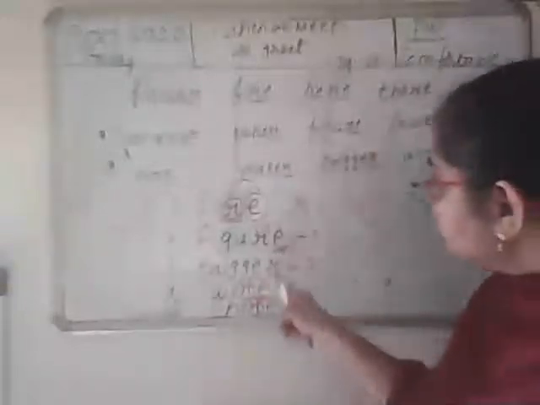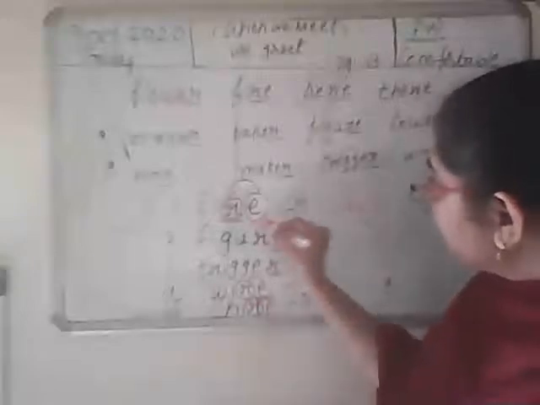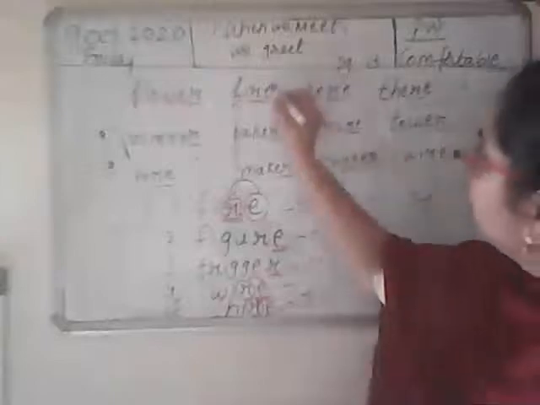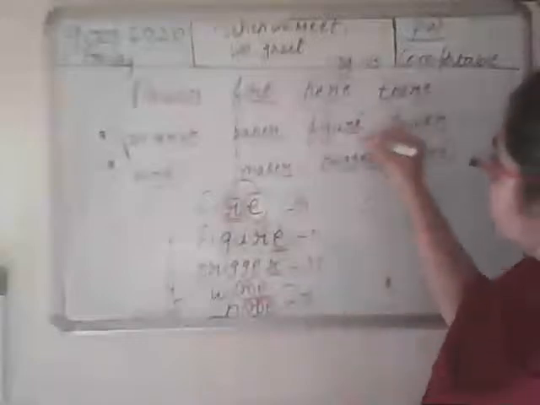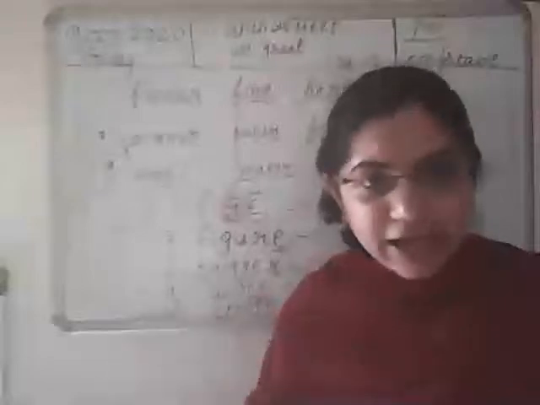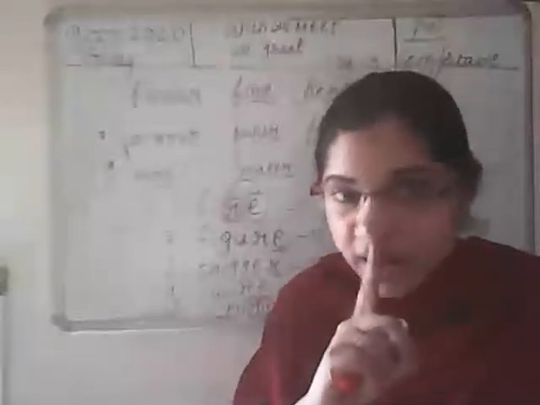That is why whenever E comes at the last, fire, wire, higher, and this figure, we don't actually pronounce E because he keeps quiet.